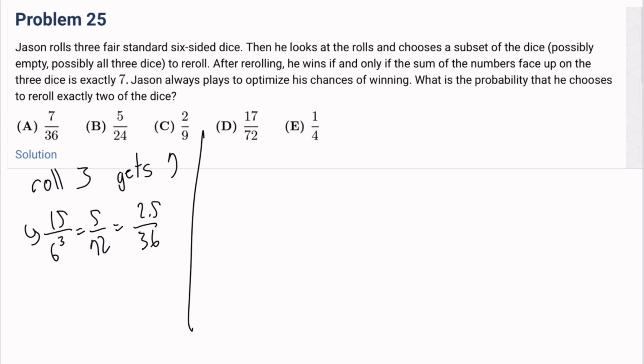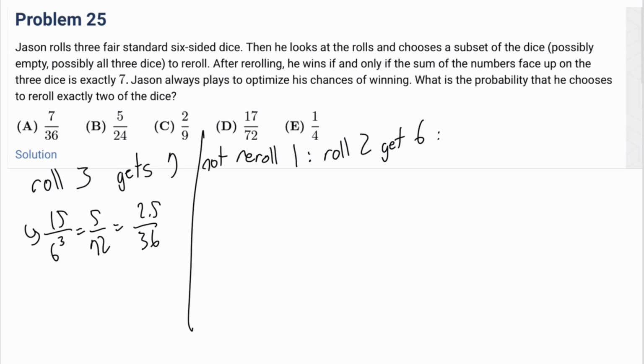If Jason re-rolls 2 of the dice, then he will leave 1 alone, right? So let's see what number he doesn't re-roll. If he does not re-roll a 1, then he will roll 2 dice and have to get a sum of 6, right?